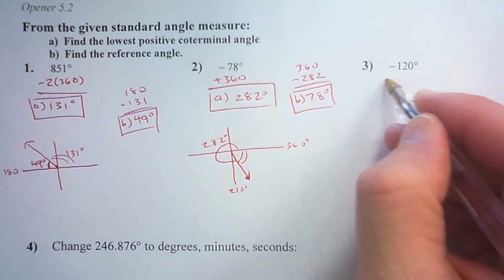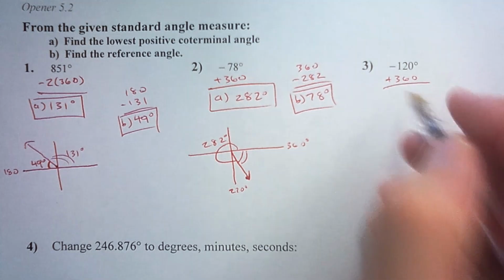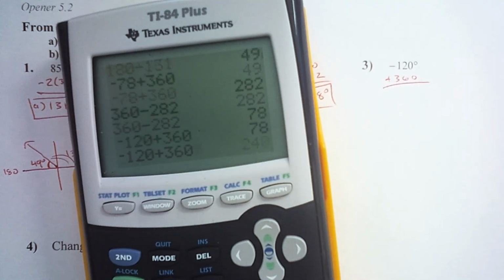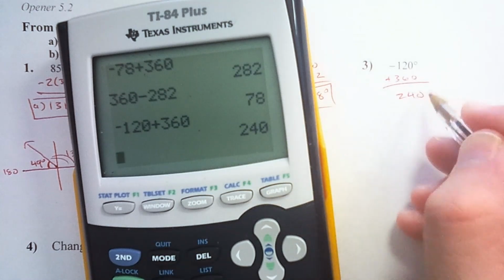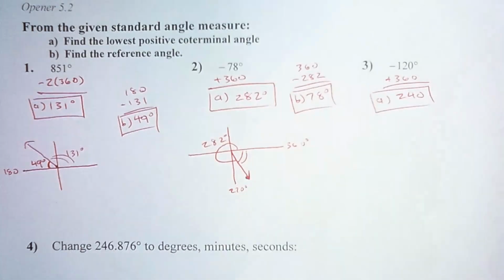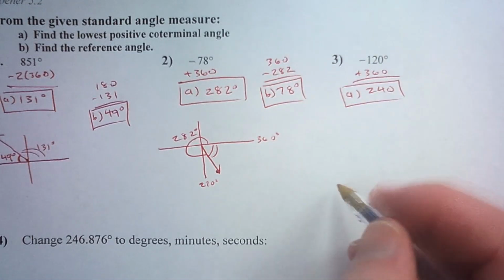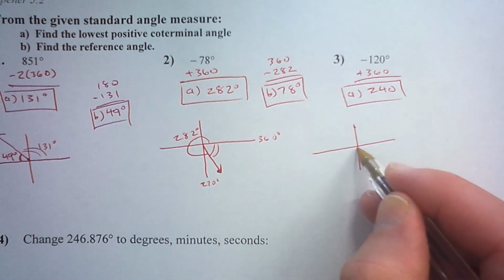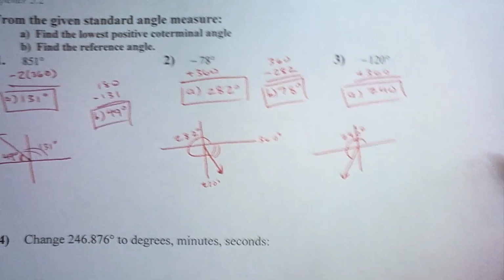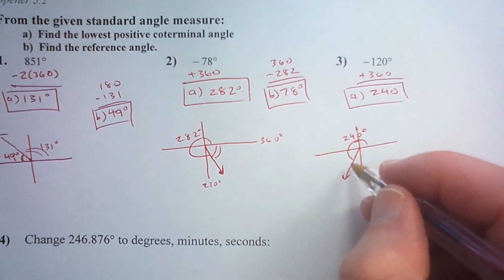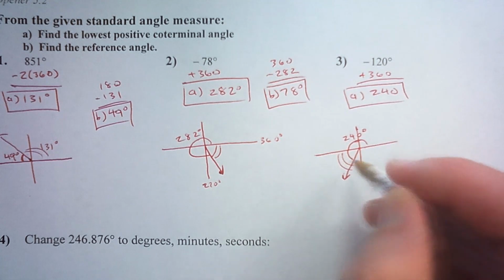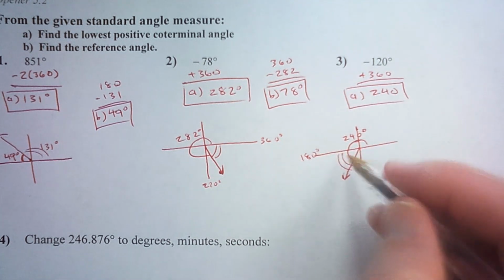And then this next one I'm going to add 360 again. Negative 120 plus 360 is 240. So there's A, the lowest positive coterminal angle. On a graph, that would be about right here. The reference angle goes back to the nearest x-axis, which is right here, back to the 180.